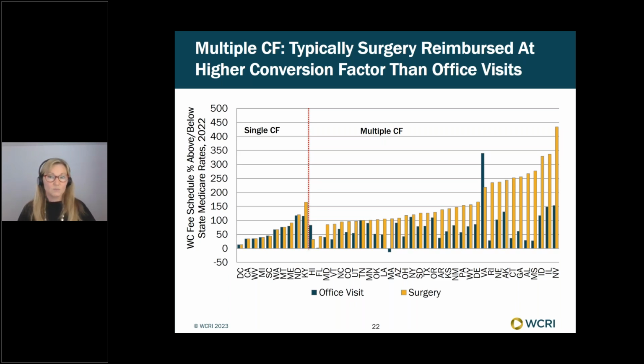As you can see, most states with a single conversion factor set the workers' compensation fee schedule rates at a similar percentage above Medicare for both types of services. And when we look at states with multiple conversion factors, typically surgery was reimbursed at a higher conversion factor than office visits. And in 5 states, this difference was more than 200 percentage points.